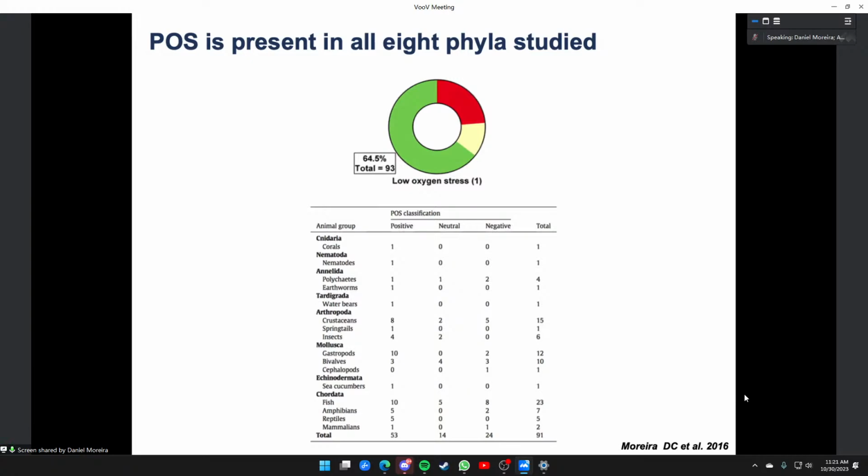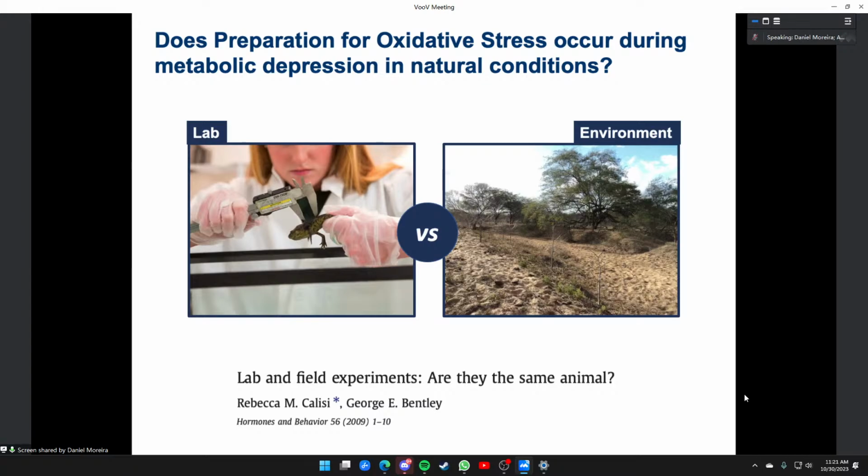At this time we realized that 99% of the studies were made with animals captured in the wild, brought to the lab, and then exposed to anoxia or hypoxia. So we proceeded to answer the following question: does preparation for oxidative stress occur under natural conditions?